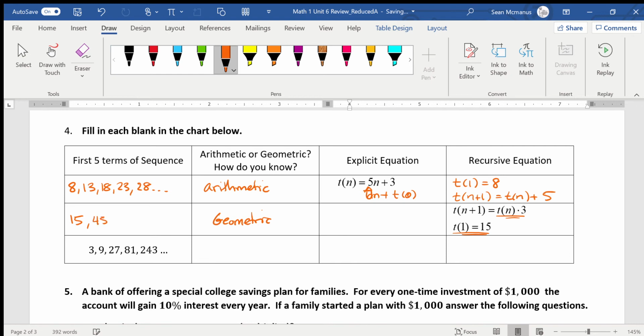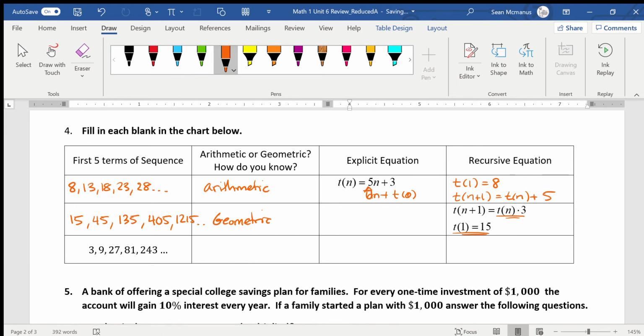So 45 times 3 would be 135. And then times 3 again would be, what, 390 and 15. So 405. And the next one would be 1215. That one got kind of big on us.